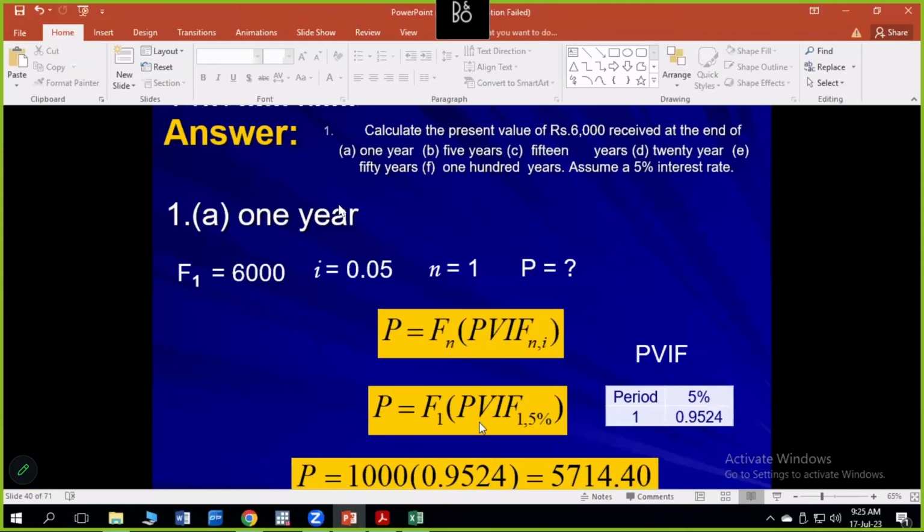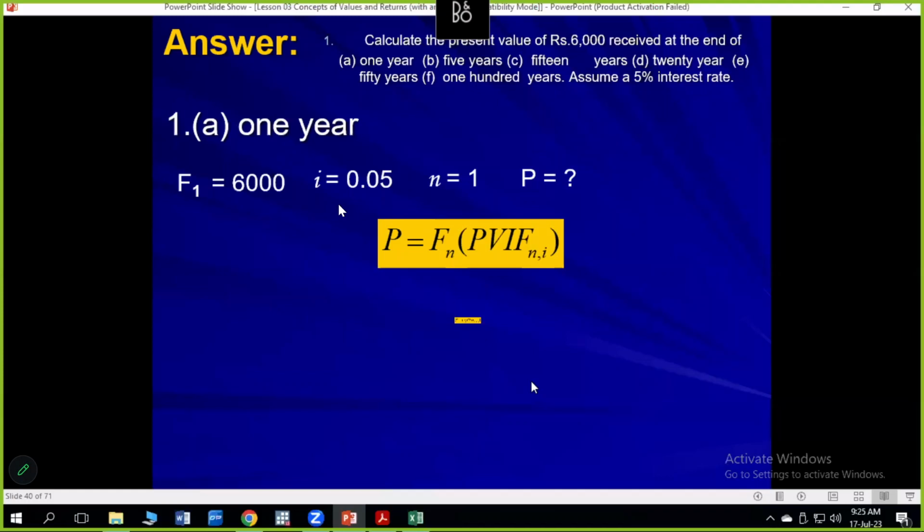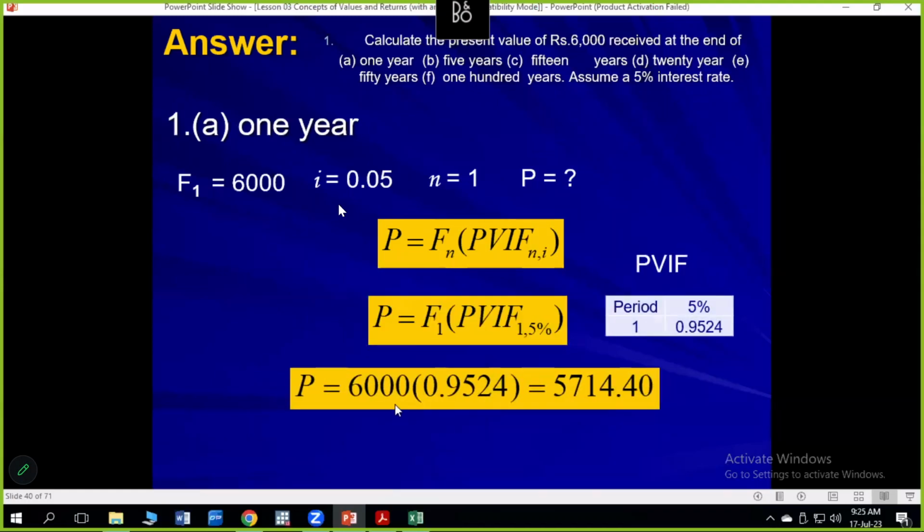Then you have this value, 6,000 into this one, so 5,714.4. So this is a way of presenting your answer for this kind of question.